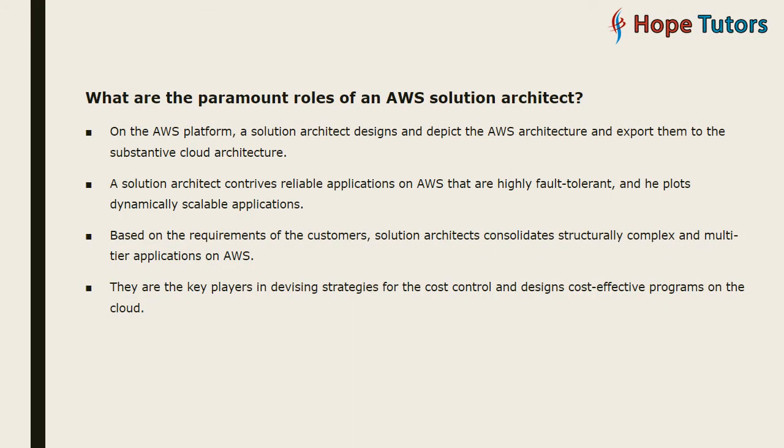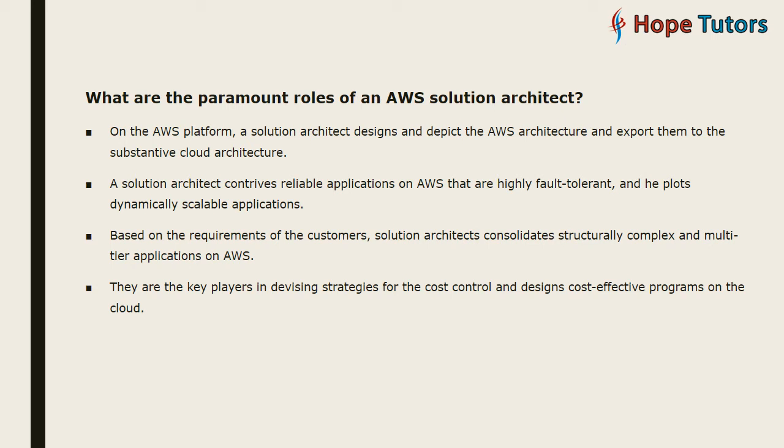What are the paramount roles of an AWS solution architect? On the AWS platform, a solution architect designs and depicts the AWS architecture and converts it to the actual cloud architecture. A solution architect designs reliable applications on AWS that are highly fault-tolerant, and plans dynamically scalable applications.